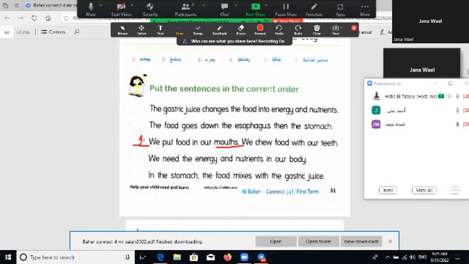In the stomach, the food mixes with the gastric juice. How does the food reach the stomach? How does it arrive at the stomach? The food goes down the esophagus, then the stomach. Yes, super. Yes, Ahmed.